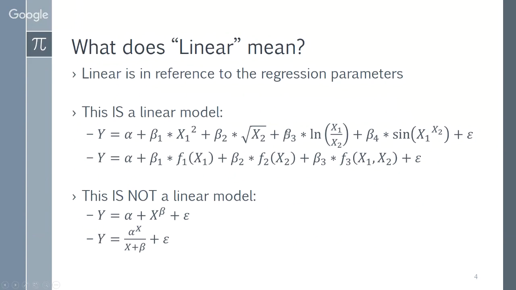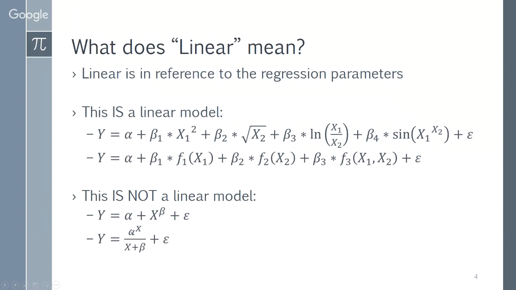Whereas if we take an example of nonlinear models, the regression coefficients are quite different, right? So here in the second one, we've got one regression coefficient that's being raised to a power that's the explanatory variable, then that's going to be divided by the explanatory variable plus another regression coefficient.